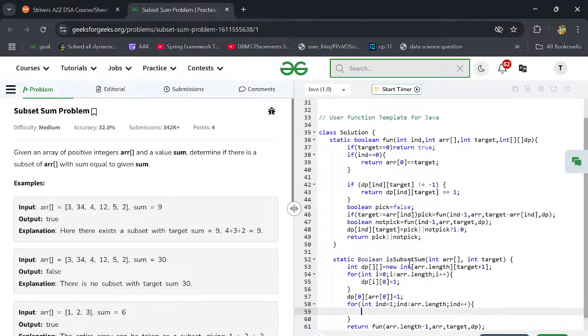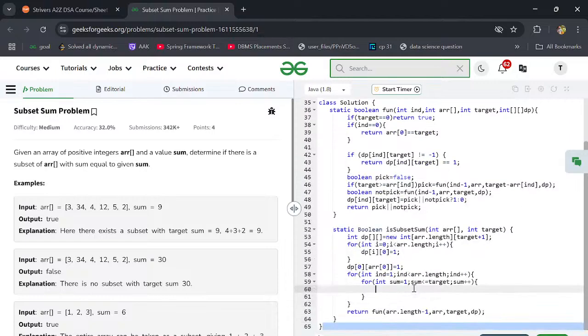This is the condition, and for target you have to write a double for loop, right? Because sum is covered, where sum is less than or equal to the target, right? I hope it will be correct. I am trying. Sum plus plus.